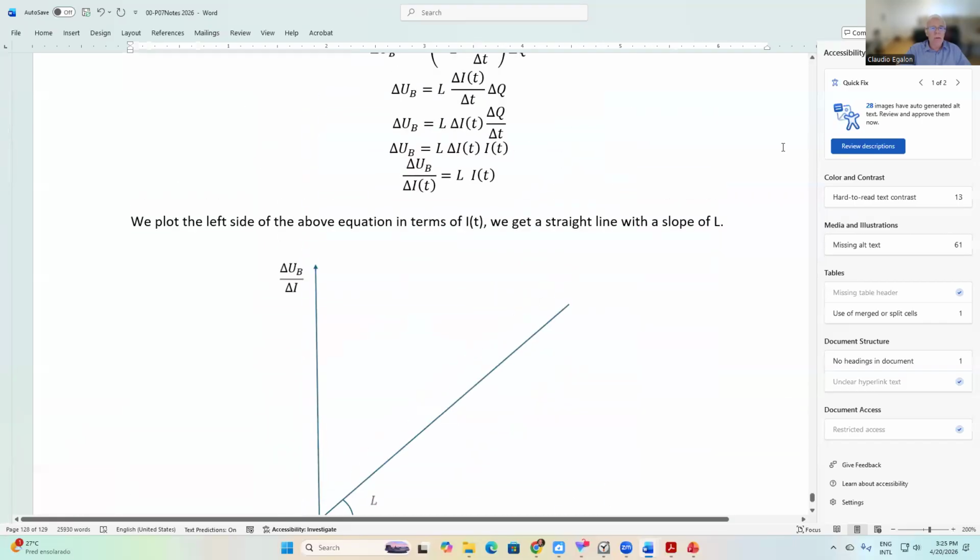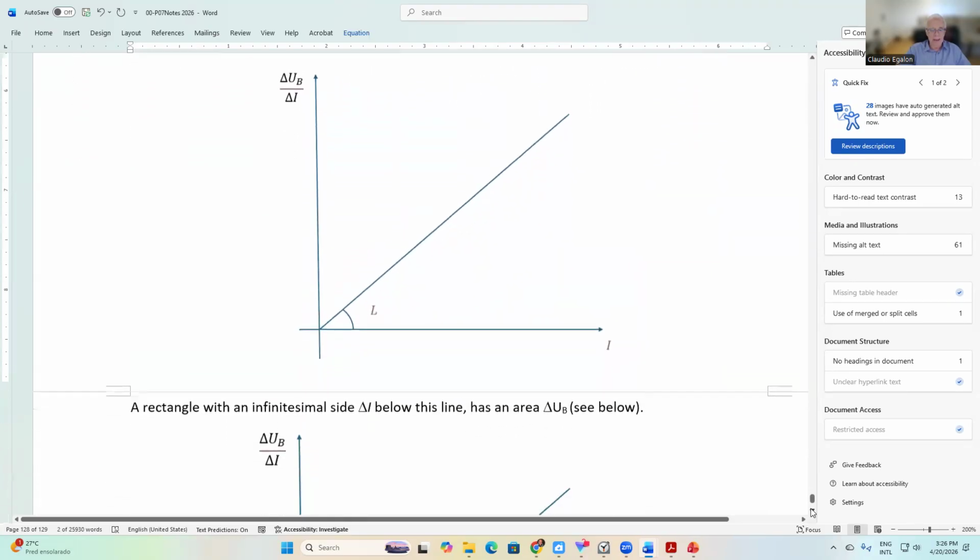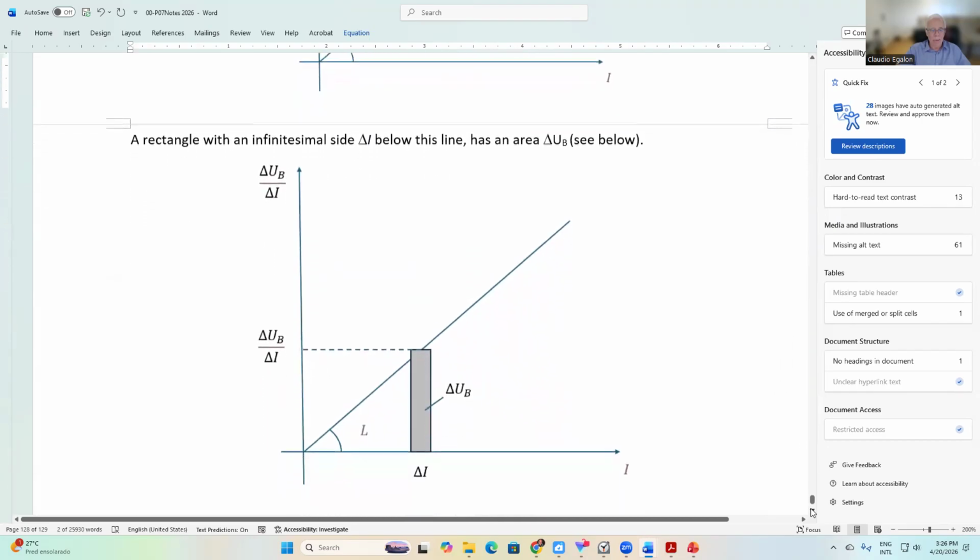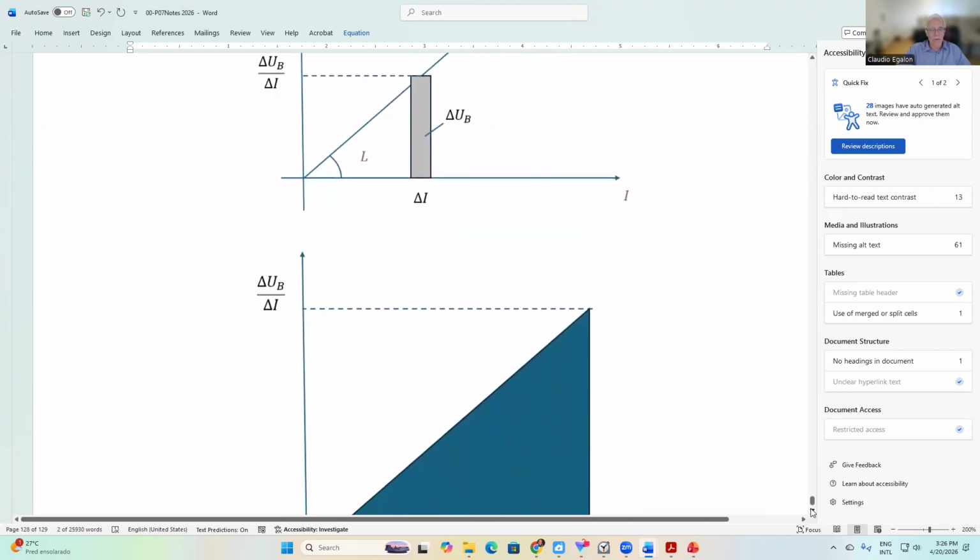It is this term here in the equation, Li.